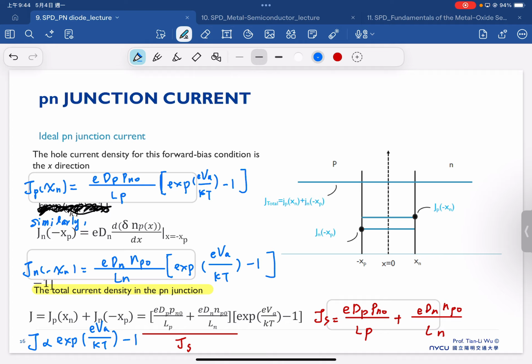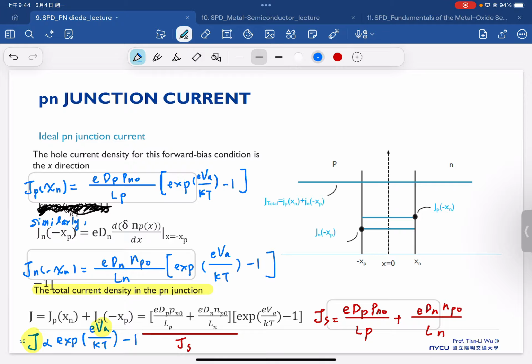Therefore we can expect the current is a certain exponential correlated with our forward bias, where we apply the voltage on the anode side.